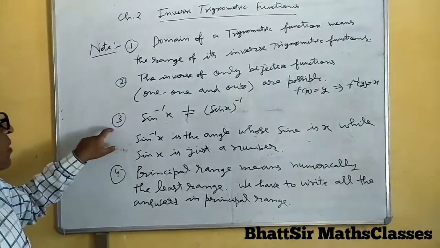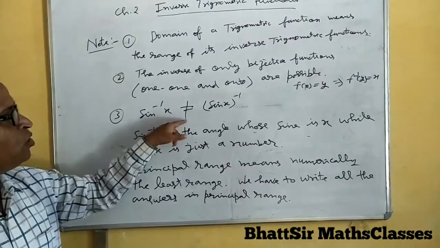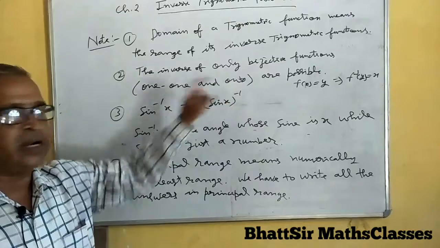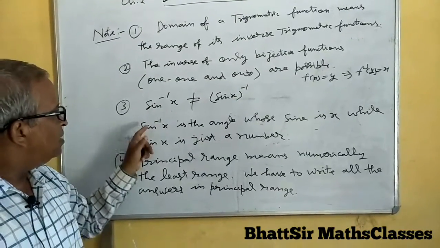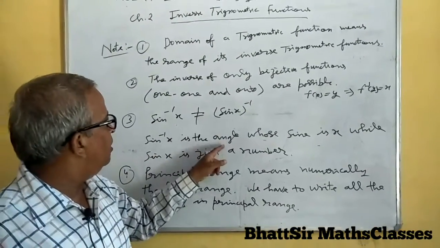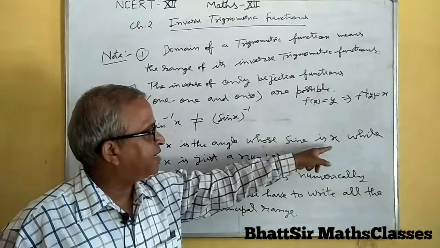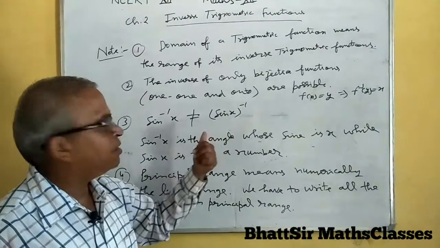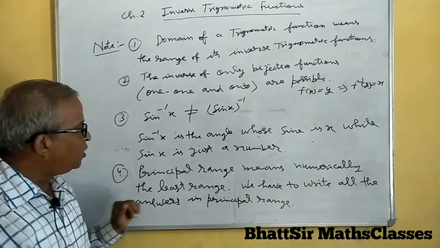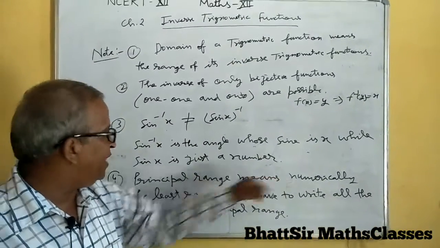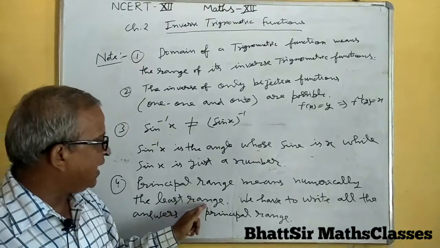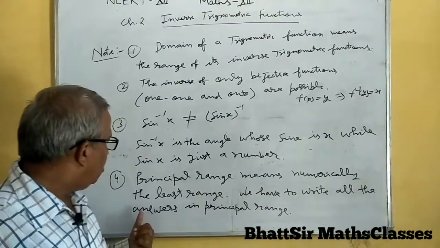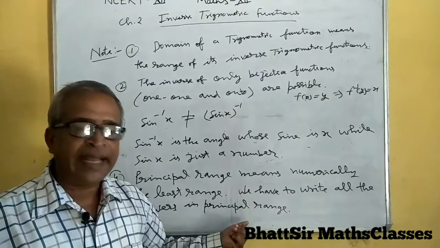And giving a third note: sin inverse x is not equal to (sin x) whole inverse. It means sin inverse x is the angle whose sine is x, while sin x is just a number. And fourth, principal range means numerically the least range. We have to write all the answers in the principal range.